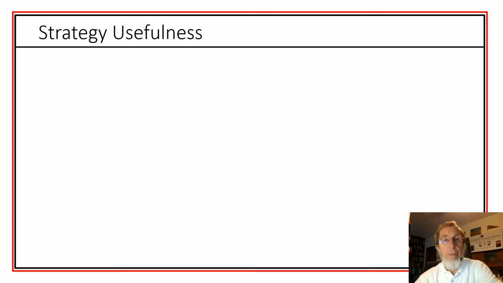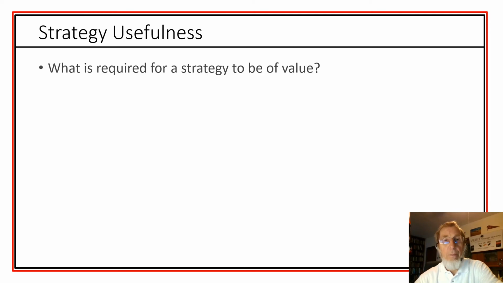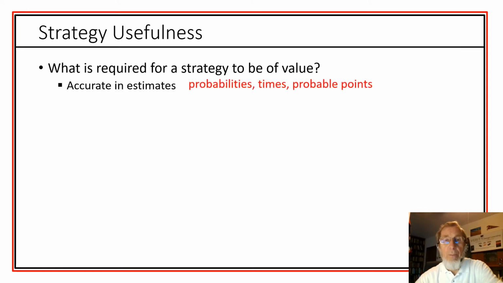Now we have defined strategies, but what is it that makes a strategy useful to us? Well, first of all, what is it that's required for a strategy to be of value to us? It must be accurate in the estimates. If it's not accurate, then we're basing our decisions on poor information.